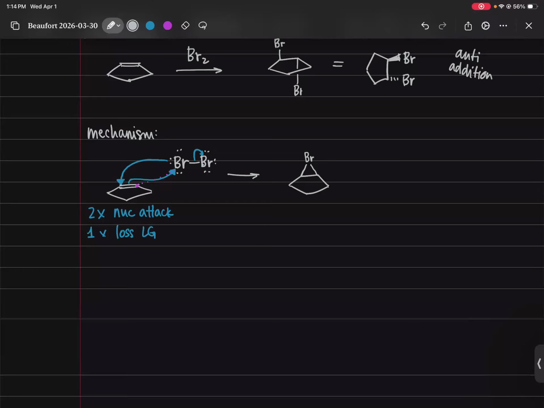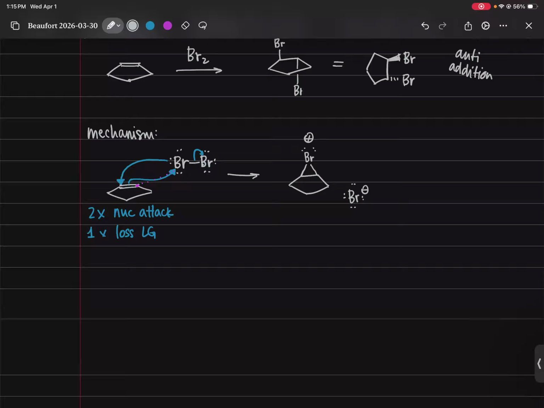We've made a three-membered ring where the bromine is attached to both of the carbons that were part of the alkene. We've also got the Br minus that got kicked off, and it's floating around. Our charges have been conserved. The first bromine has a positive charge.